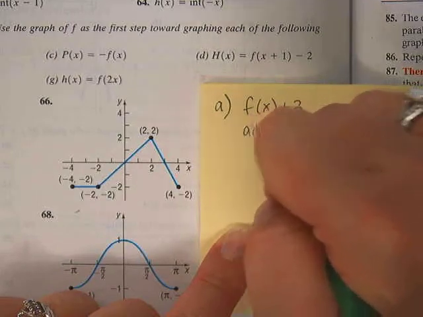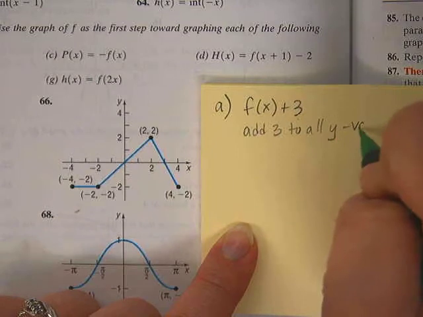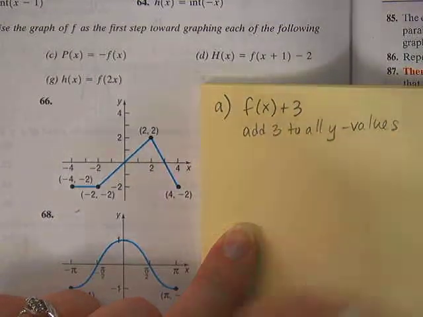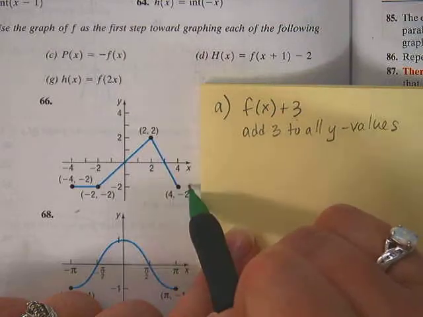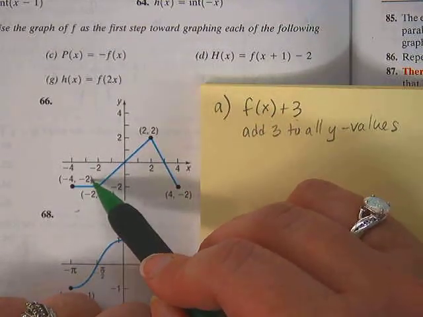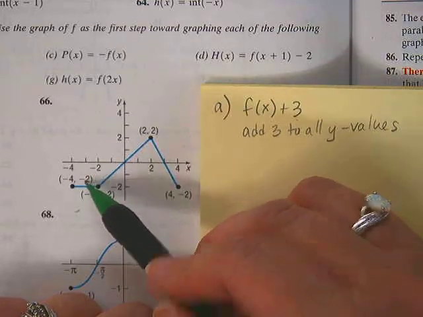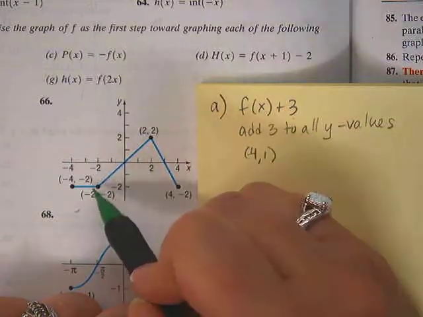Okay, so you're going to add 3 to all y values. Every point has an x value and a y value, and see how they're all listed out on here? You're actually going to just take a 3 and add it to the y values. So -2 plus 3 is going to be at -4, 1.